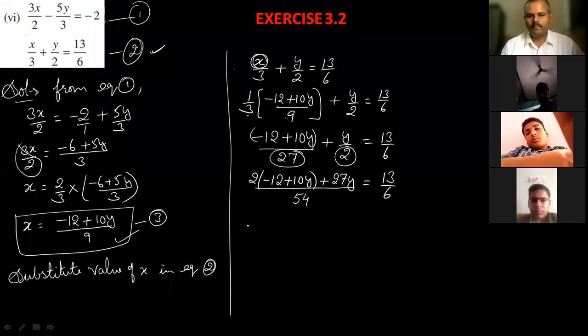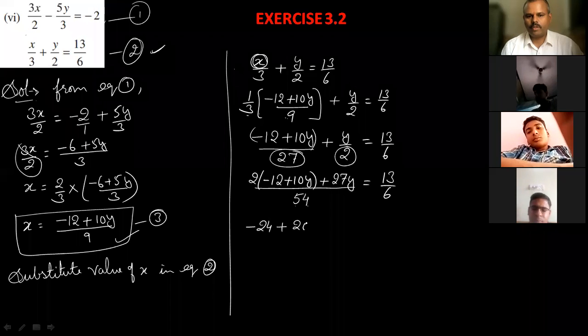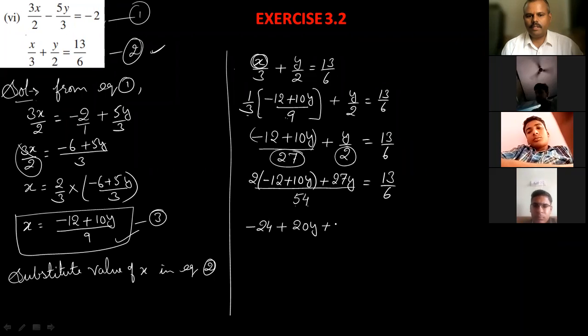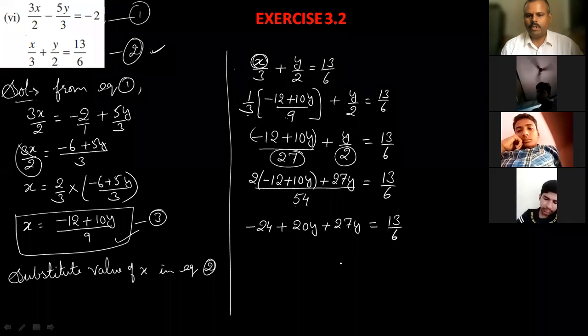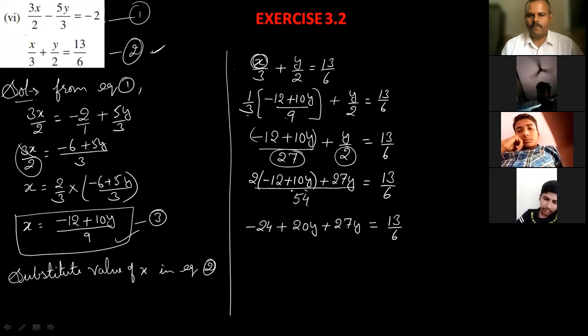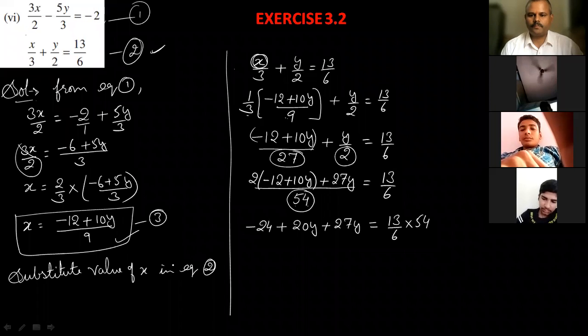So this is now minus 24 plus 20y plus 27y equals 13 upon 6, and this 54 here, move it to the other side, it will be minus 54.